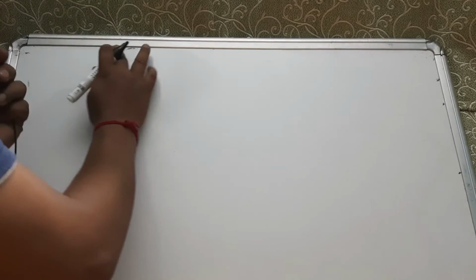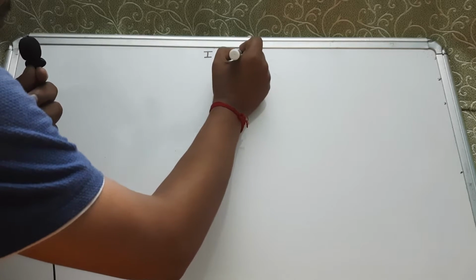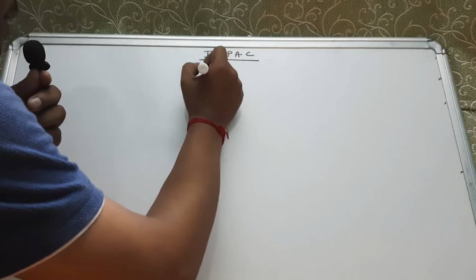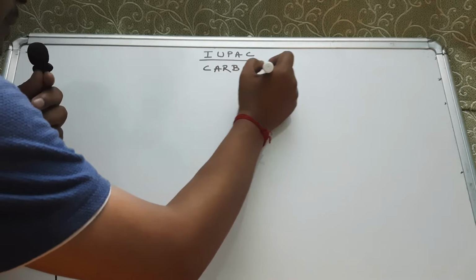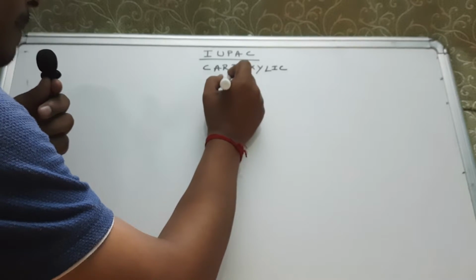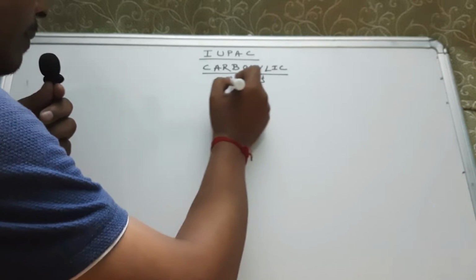Okay. So first of all, we focus on the IUPAC nomenclature of carboxylic acids.